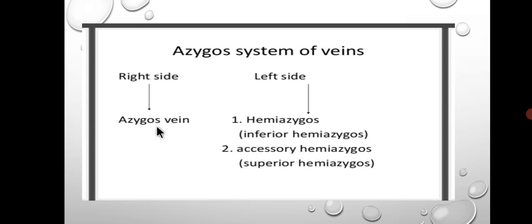Okay, so I have already told you that it is an unpaired vein, so it is on the right side. The venous drainage is through the azygous vein, while on the left side there are the hemiazygous vein and accessory hemiazygous vein. They are also called the inferior and superior hemiazygous veins respectively.